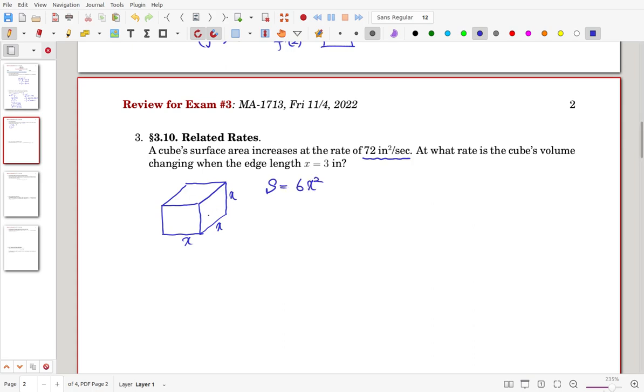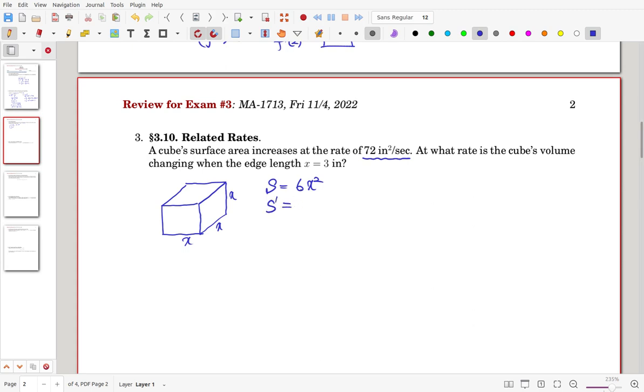Each side has area x squared, and there are 6 sides. Now the data is saying that the rate of change is 72, so we'll use that here as S prime.